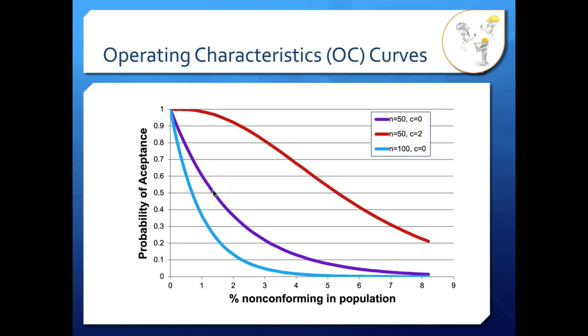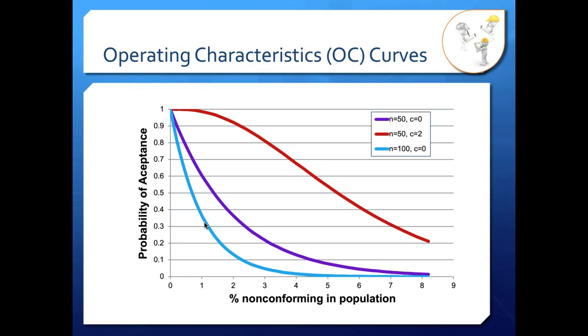If we tighten our standards even further, let's say we're doing microbial sampling, and we want to be very, very careful that we're not letting anything get by us, that our product is microbially safe. We have 100 samples and an acceptance criteria of 0 for this blue curve. If we happen to have 1% nonconforming in our population, so 1 out of every 100 units has something microbially off with it, we are probably going to pick up that 1 unit in our sample size of 100.